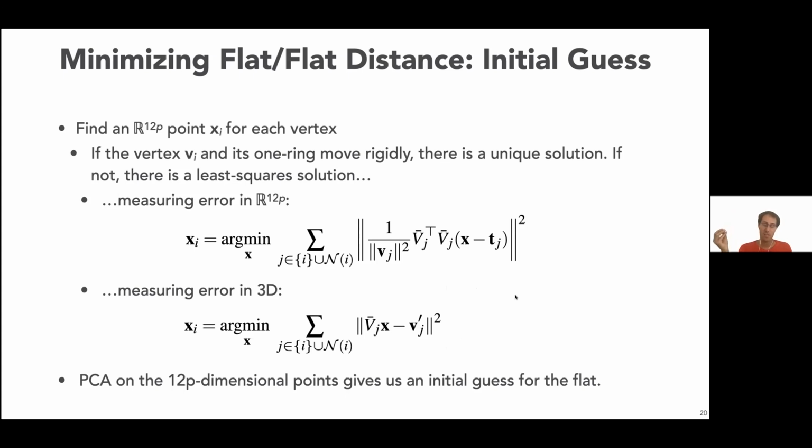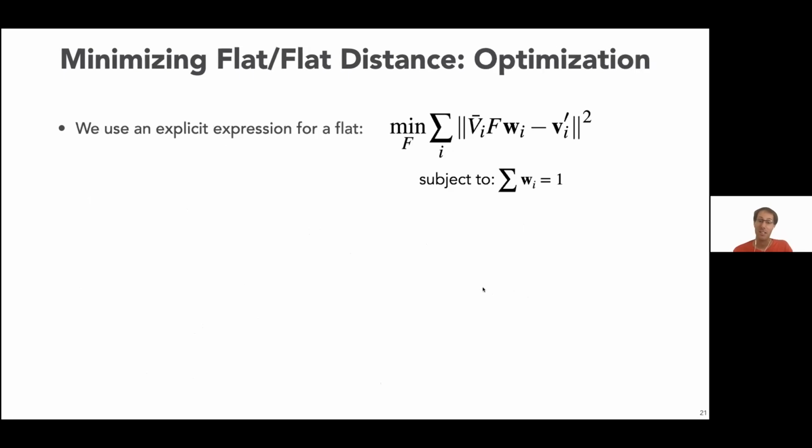Once we've estimated these transformation matrices for all of the vertices, we end up with a bunch of points in 12p dimensions. And we can run PCA, principal component analysis, on this, and we can take only the largest principal components. If we want 4 handles as a result, then we can take the top 4, the 4 largest dimensions, and that'll give us an initial guess for our flat, for the subspace which passes through all of these vertices.